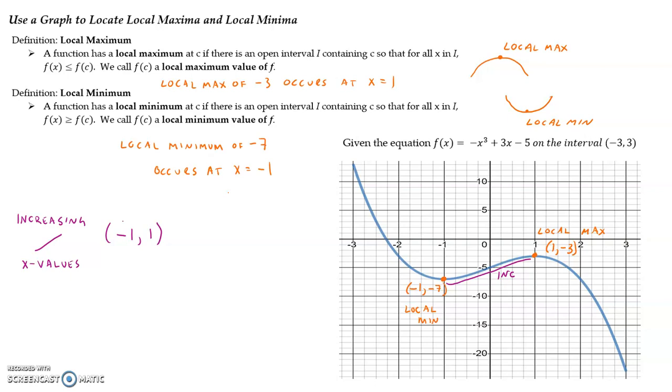And let's take a look at where our graph is decreasing. So we're looking at where our graph is going downhill as we look at it from left to right. We're still going to be using x values when we write our intervals. So here is one segment where our graph is decreasing.